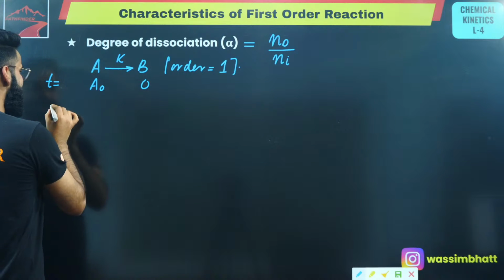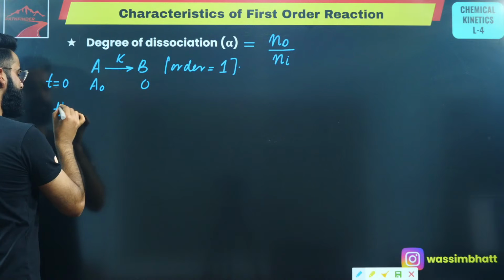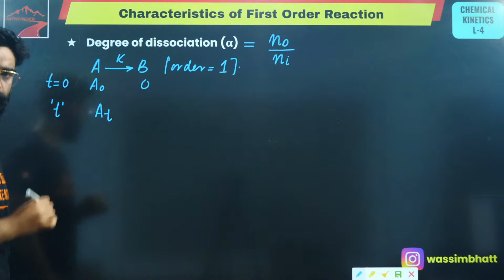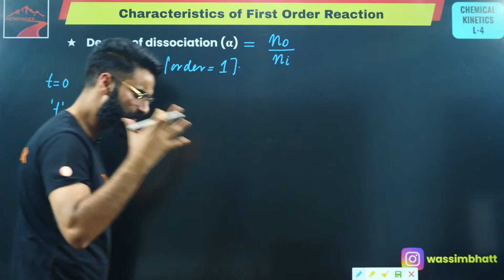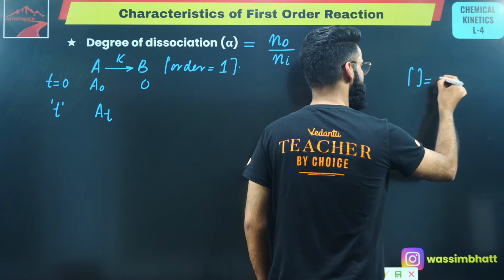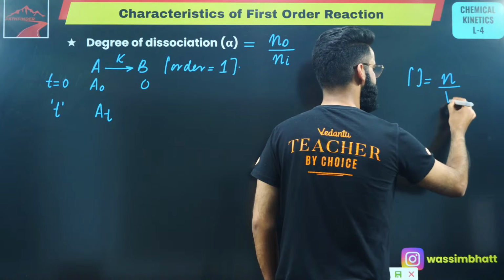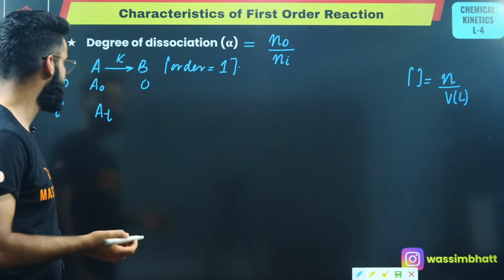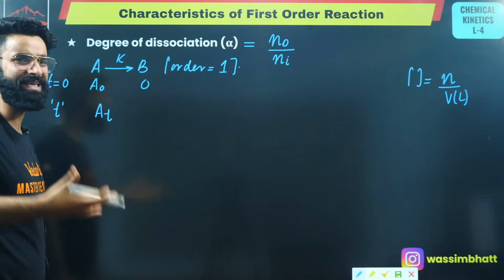Now people, at any time t, the concentration of reactant left is represented by At. If you remember, in the first session of kinetics I told you, concentration is number of moles divided by volume of the system in liters. This reaction will be taking place in some container.